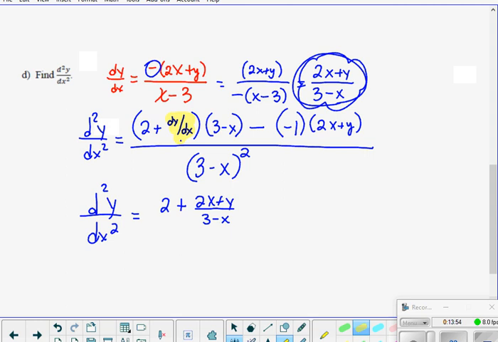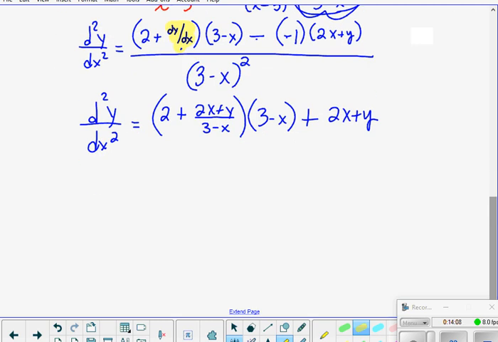So I replaced dy/dx, looks like that was wrapped in parentheses, times a 3 minus x. Negative negative makes positive, 2x plus y. You can put it in parentheses if you want, but they aren't necessary there, over 3 minus x quantity squared. This is fine. You can just leave your answer there.